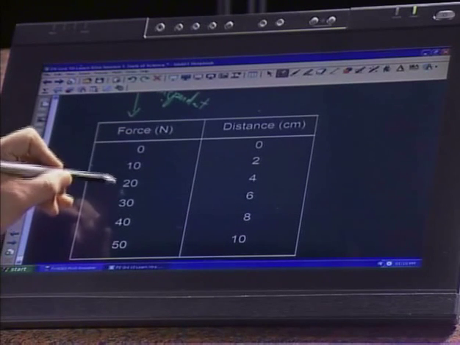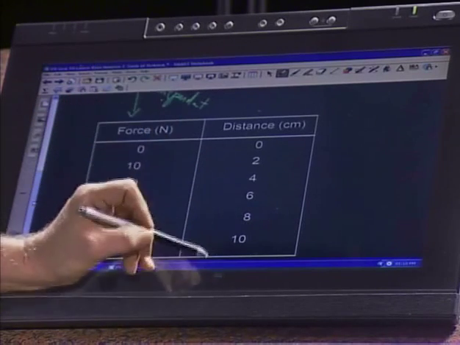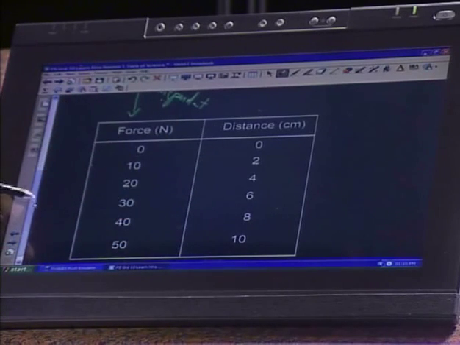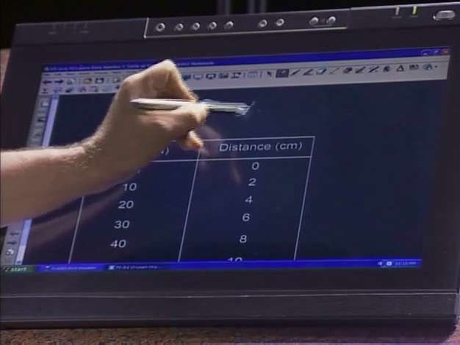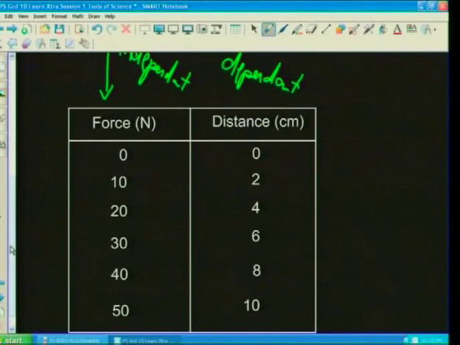And what we recognize is that as you go up and you increase the force, you increase the distance that it has stretched. So this is known as the dependent variable, because the amount of distance that it's increased is dependent on the size of the force that you've applied. But notice there's a pattern that exists here as well. If we take that as our original first one, 10 newtons, it stretches by 2 centimeters.